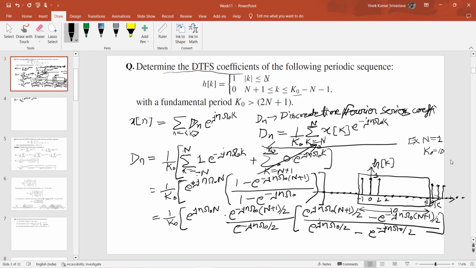So here, I'm sorry, this will be twice n plus 1, because we have to consider the whole width, from minus 1 to 1. So here n is 1, so the whole width will be 3. That is twice n plus 1. So that's why here it should be twice n plus 1.